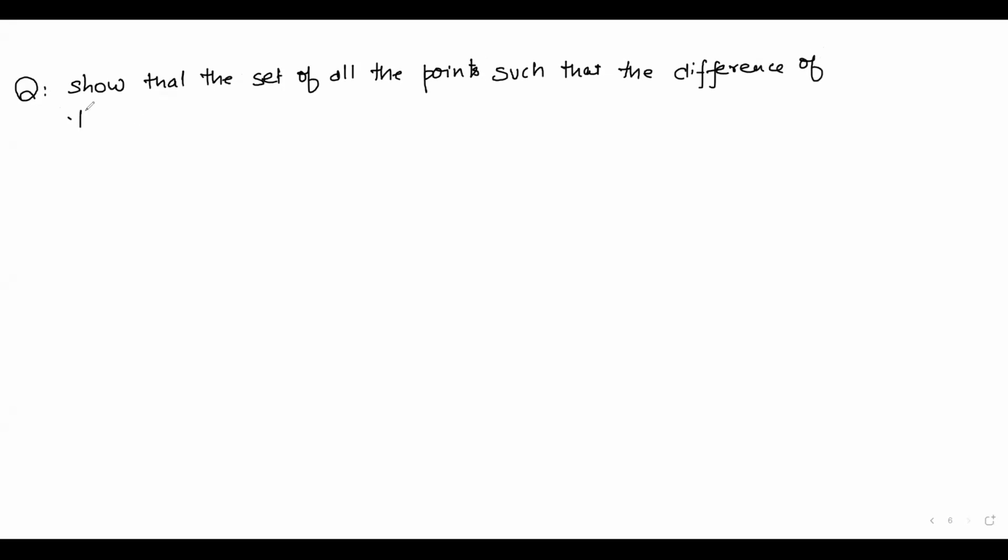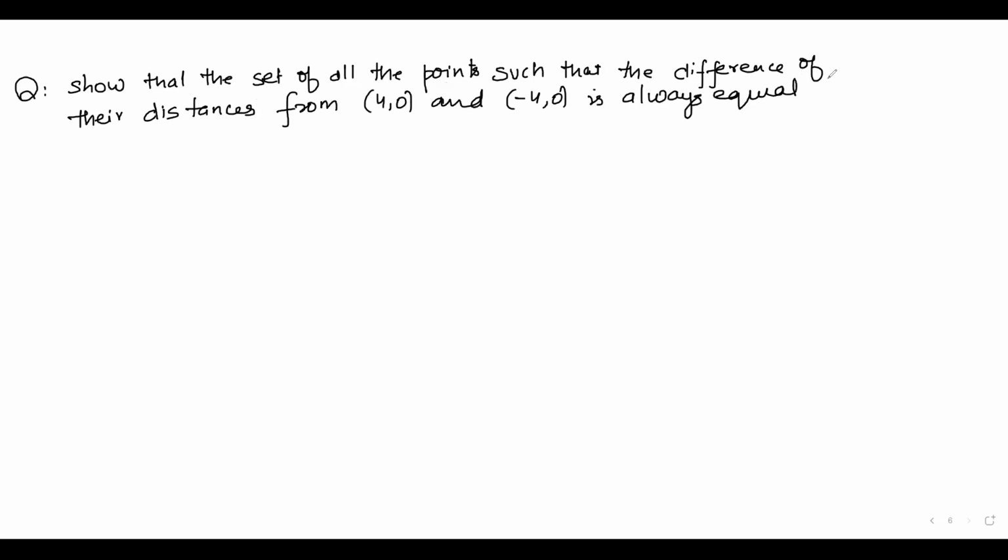Show that the set of all points such that the difference of their distances from (4, 0) and (-4, 0) is always equal to 2 represents a hyperbola.